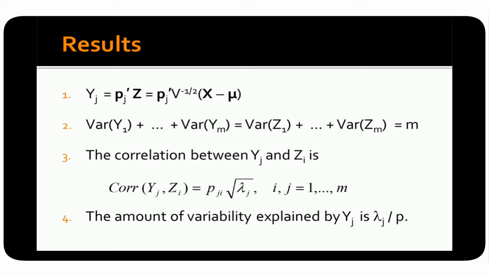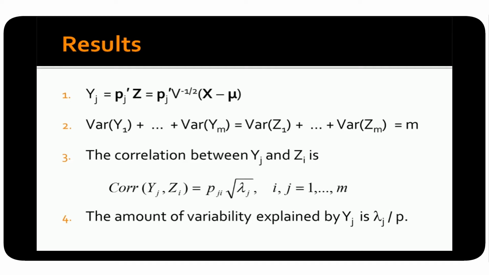Okay? And in this case, of course, the lambdas and the pj's are basically the eigenvalue-eigenvector pairs. The proportion explained by the kth principal component would now be lambda k by p simply, because the denominator is now p. So, the method is the same, but mind you, as I said, getting the eigenvalues of rho is different from getting them from sigma. So, there would be some changes in the result.